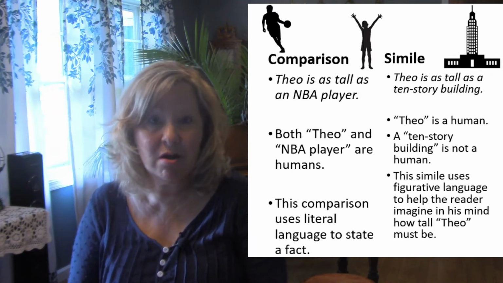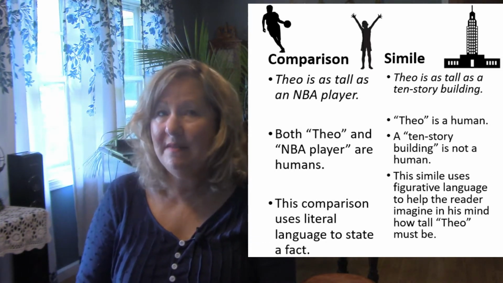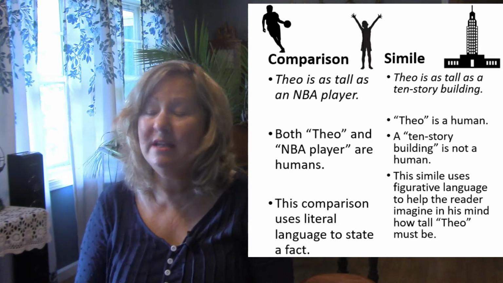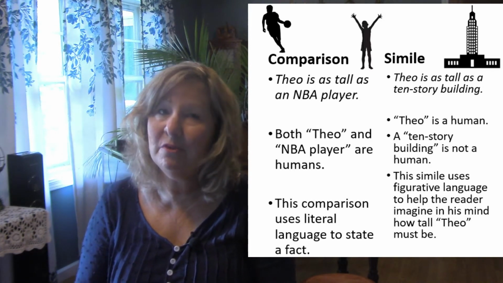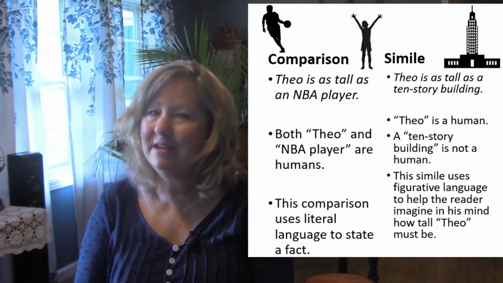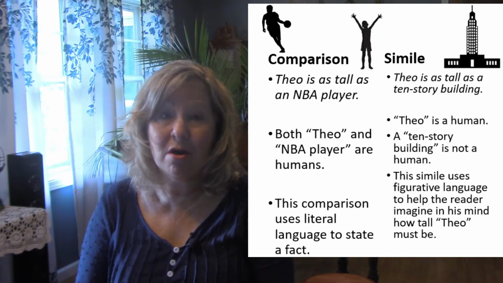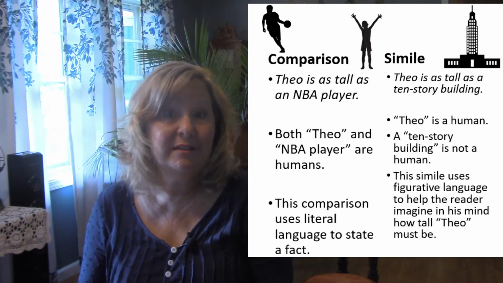They're both very tall. Whereas a simile would mean that you were writing Theo is as tall as a 10-story building. And you can see from looking at the little icons of Theo and the building, they're not similar things at all. One's a human and the other one is a building.